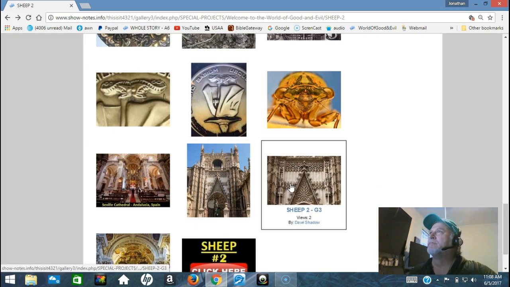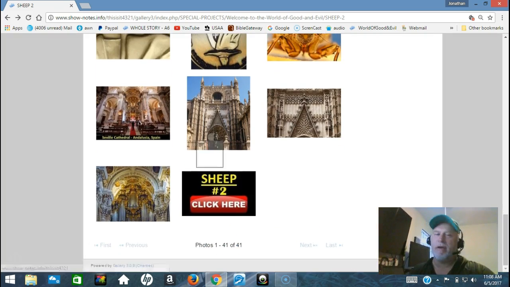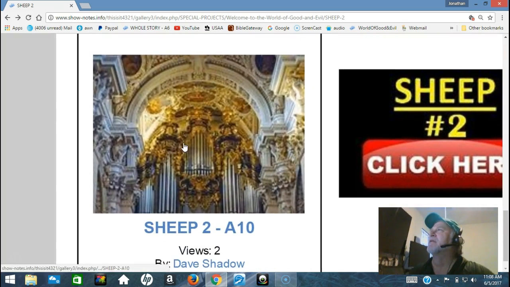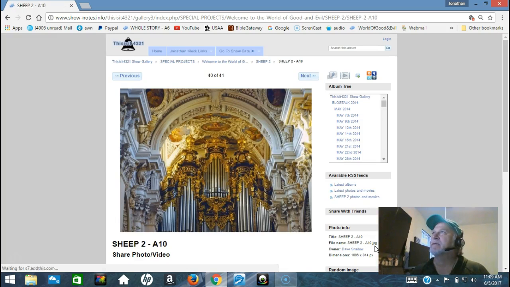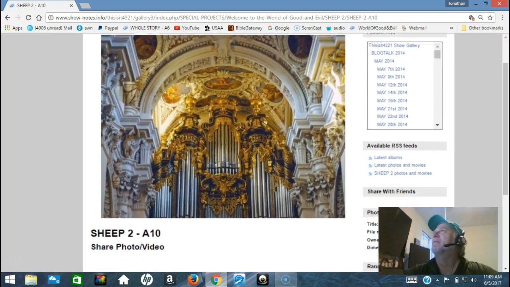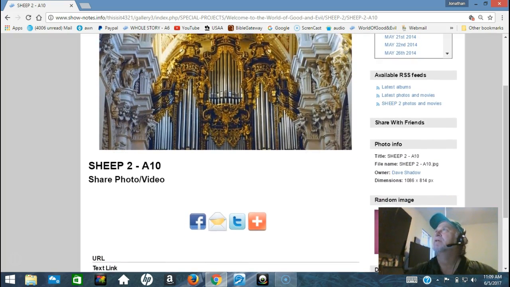Here you go. Watch this. So here is another image. Here is another image of a sheep. This is the organ at the church, the Cathedral of St. Stephen in Germany. That's a very clear image. Look at that sheep. Oh my gosh.